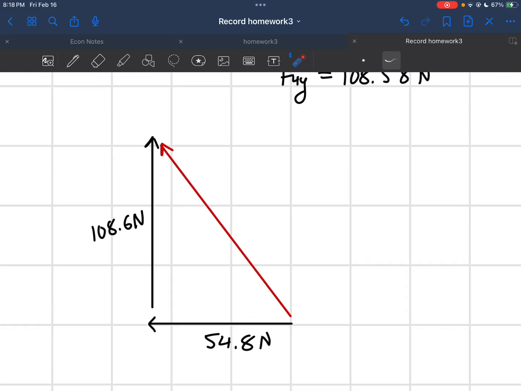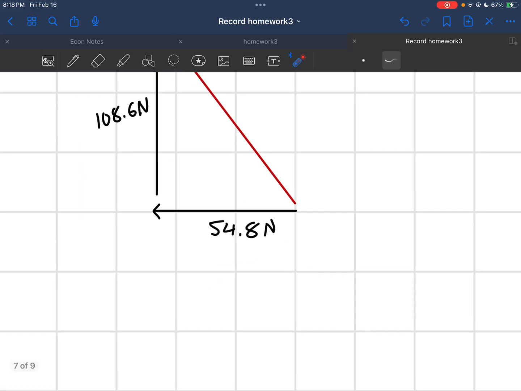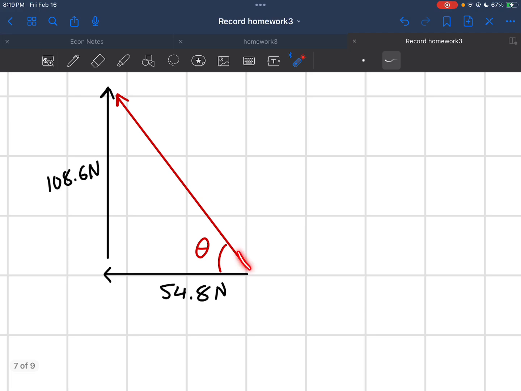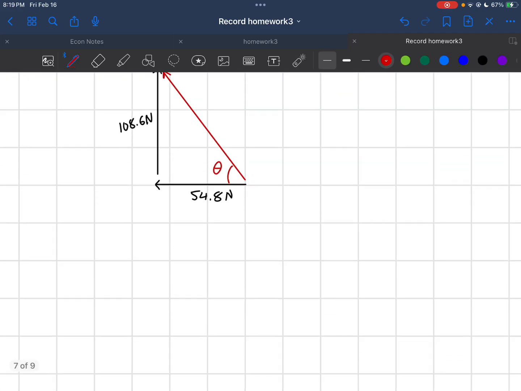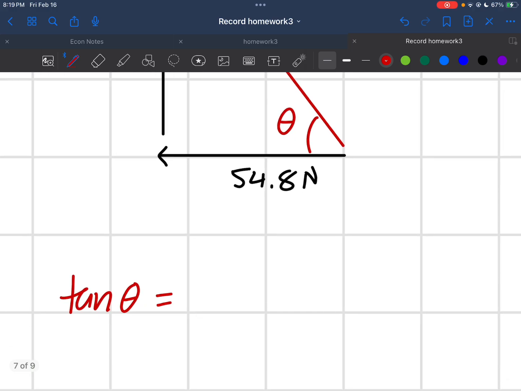So now all we need is the magnitude and direction. And if I have two components of a vector, we've talked before about how to get the magnitude and the direction of our vector. So I draw my angle theta in this corner down here because that's how I chose to set up my triangle. So I'm going to say that tangent of theta is going to be opposite over adjacent, so 108.6 over 54.8.